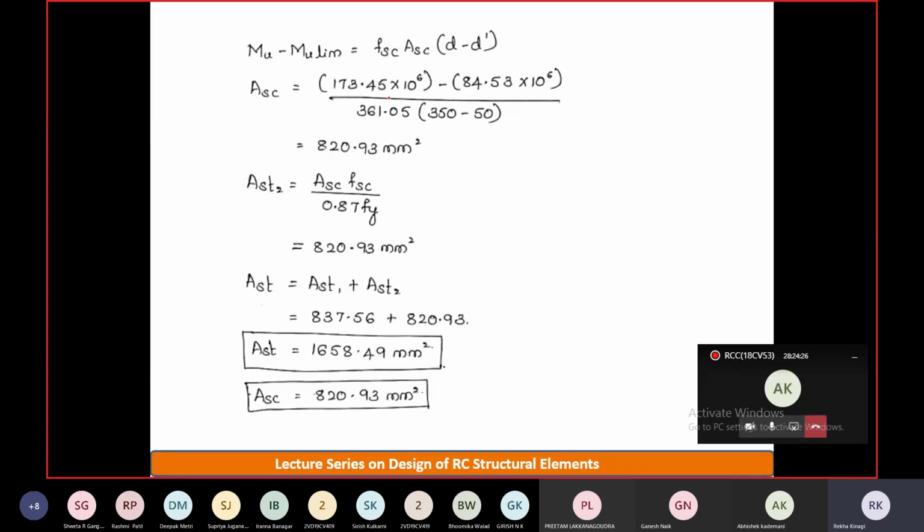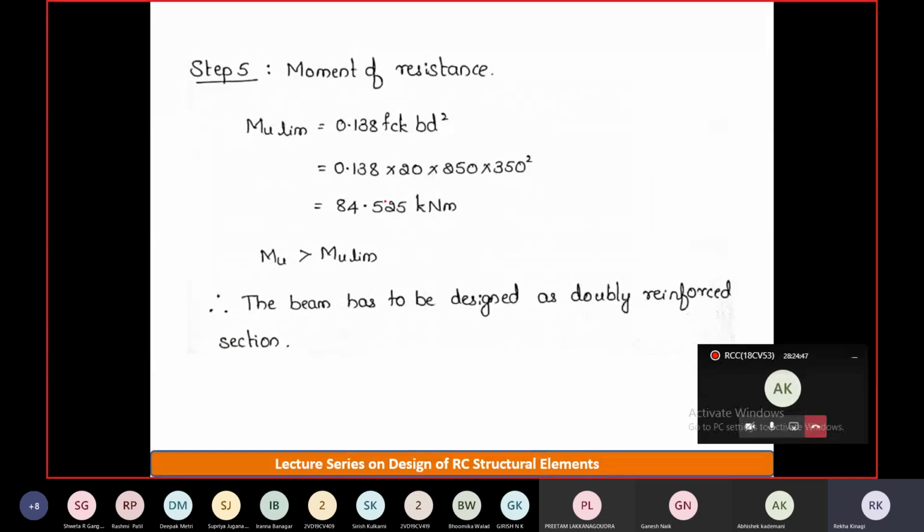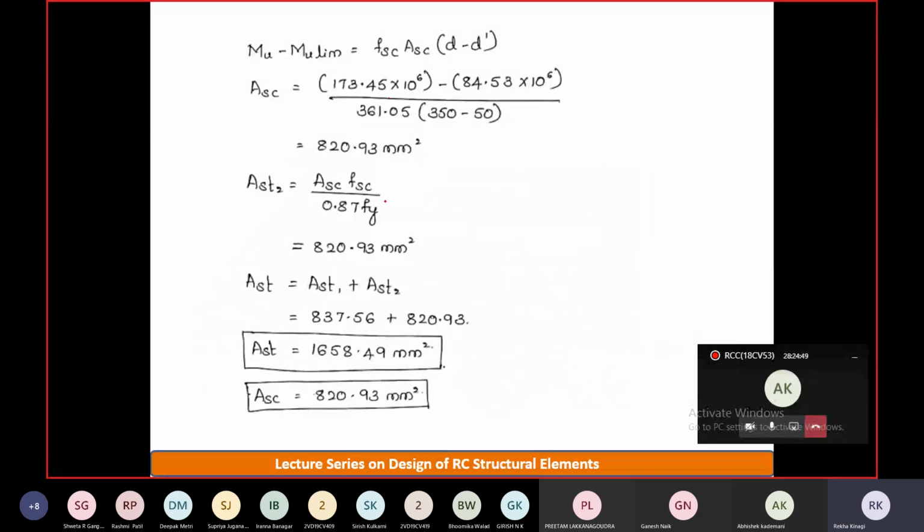Here Mu is 173.45 into 10 to the power of 6, because we need to convert kilonewton meter to Newton millimeter, minus Mu limit, that is 84.53 kilonewton meter, also multiplied by 10 to the power of 6, divided by 361.05. We need to consider the value of FSC.